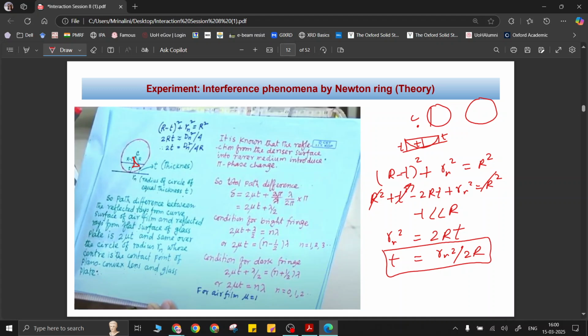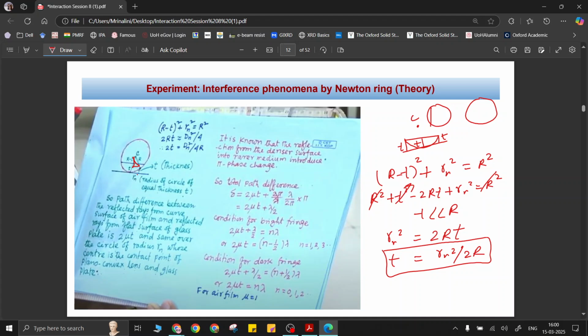Now as we were talking about the path difference, the path difference here is the extra path that one ray travels, reflecting from this point, while another ray is reflecting from this point. It travels this extra distance, coming here T, then going back, that means 2t.